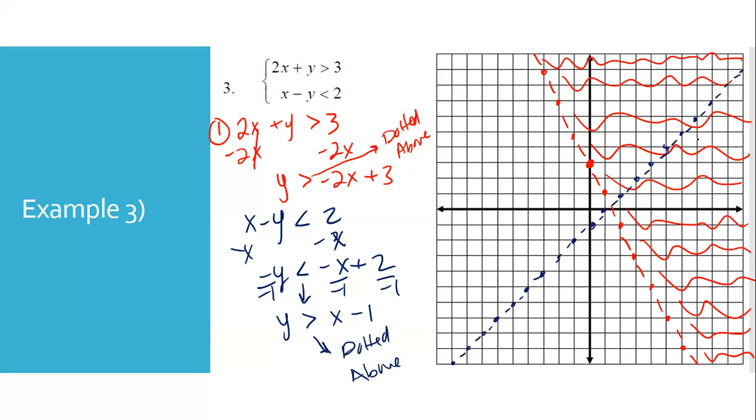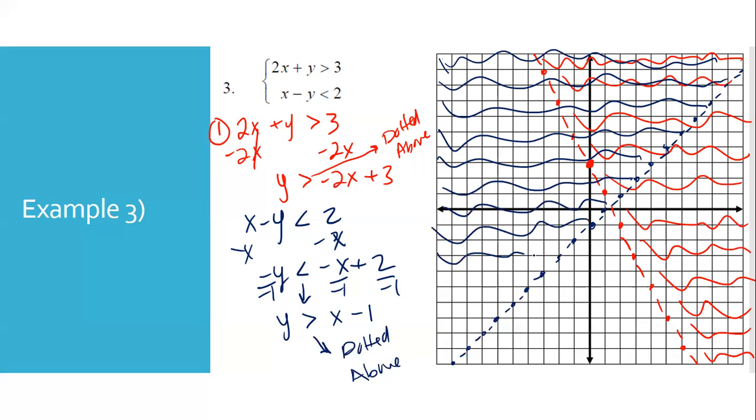All right. And we're going to shade where again? Above. Can we clearly see where they overlap? So we already see our solution space. All right, so our solution space is the triangle that's in quadrant 1 and quadrant 2.